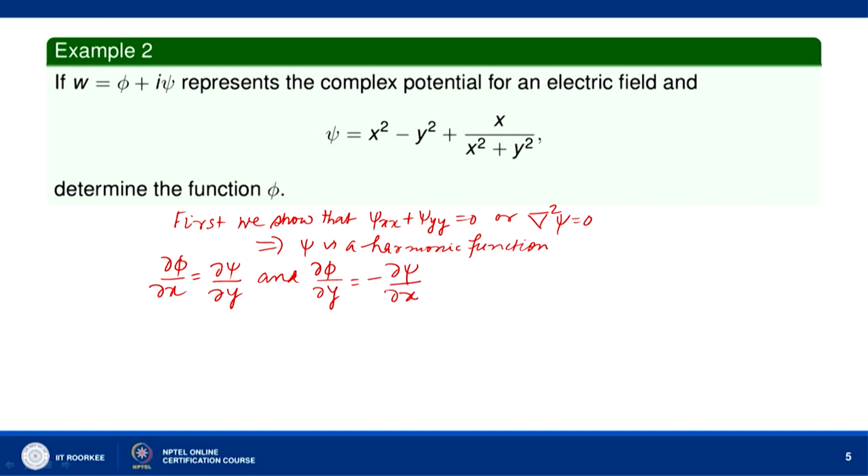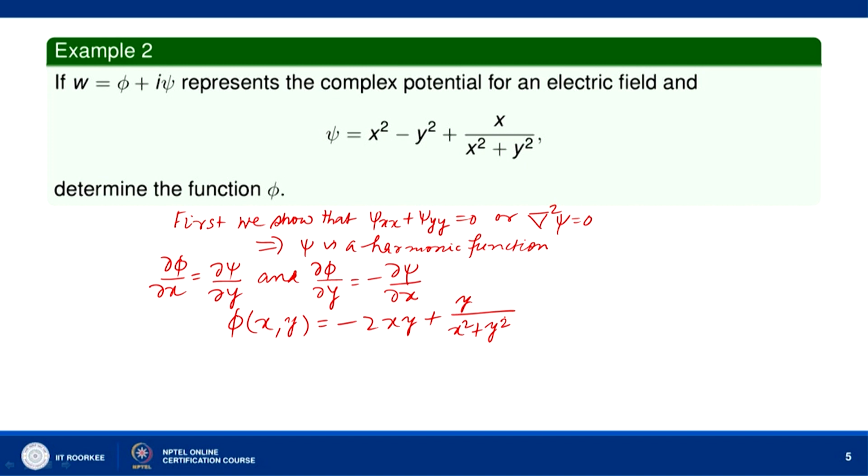Using these Cauchy-Riemann equations, we can determine the corresponding function phi. It comes out to be phi(x, y) equal to minus 2xy plus y divided by x squared plus y squared.